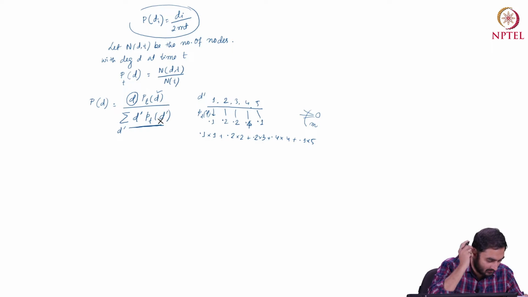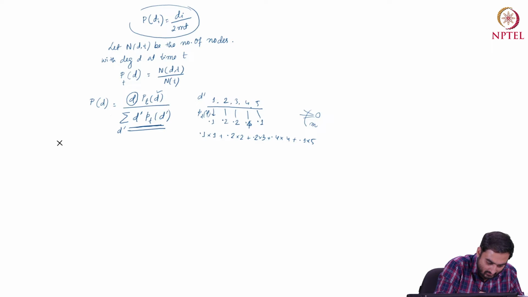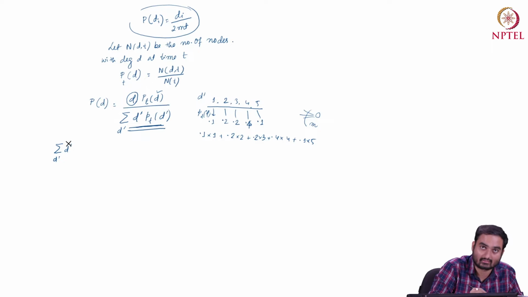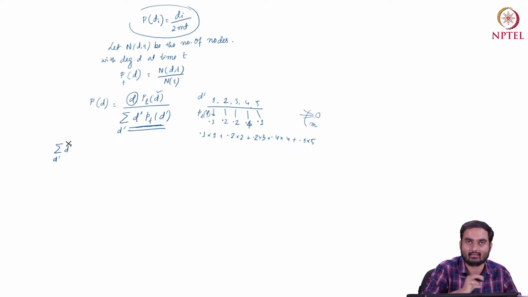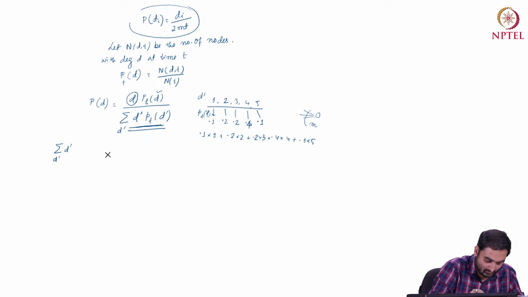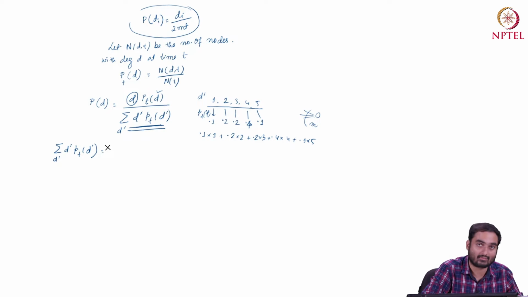Okay, so let us just focus on the denominator. d' is the index indicating the possible degrees that you have in the particular network, and the sum of d' P_t(d') is basically the average degree.